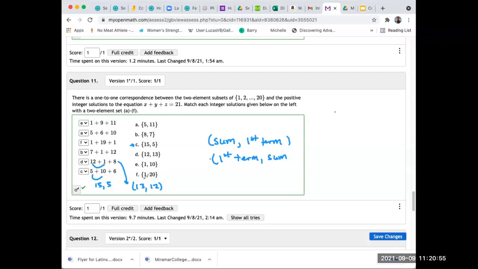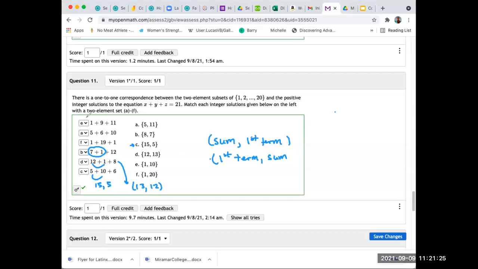It's just as long as you have one of them in the set, because it's a set with the squiggly brackets, the order doesn't matter. But the pattern for finding what is in the set is that it's the sum of the first two and then the first term in the sum. Okay, so that's how it matches to what's in the right hand side.